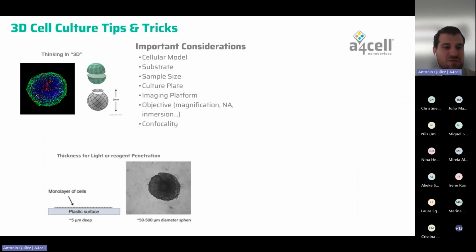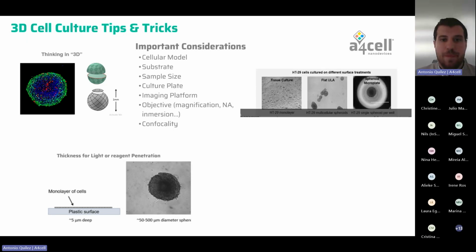Because it's very different to have a plastic surface where we have a monolayer of cells that can be 5 microns thick tops. So that's very different compared to a spheroid that can range from 50 microns to more than a millimeter in the case of the organoids.